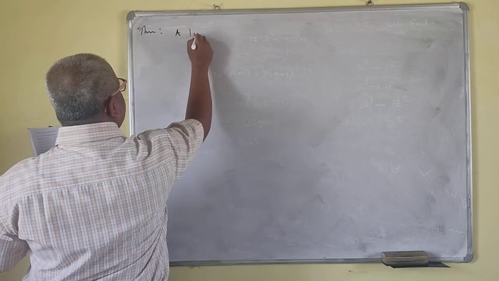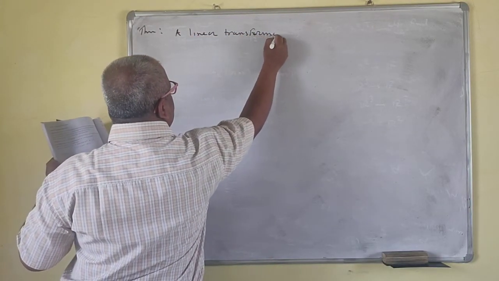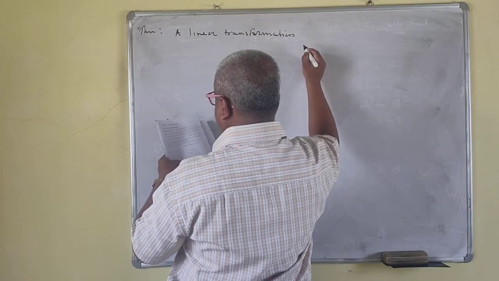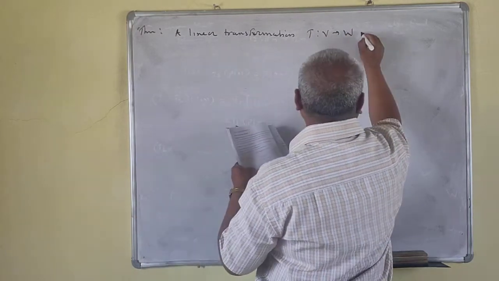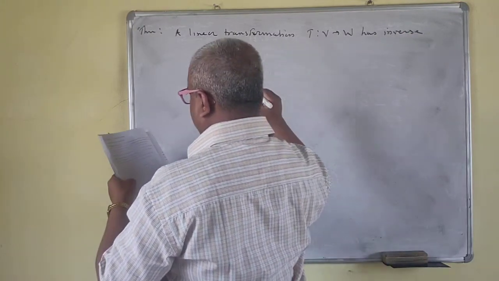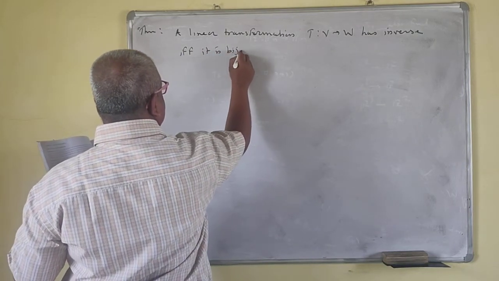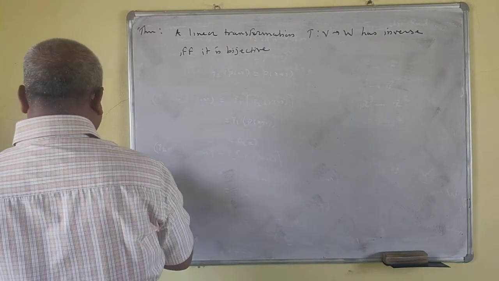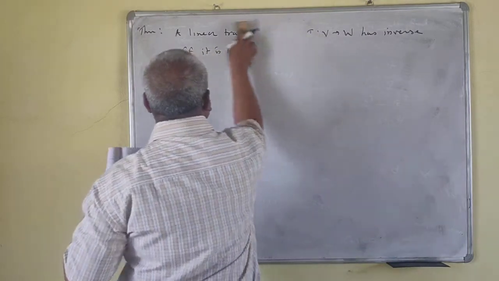A linear transformation T from V to W has an inverse if and only if it is bijective. Okay, so directly we'll go for the problem on it.